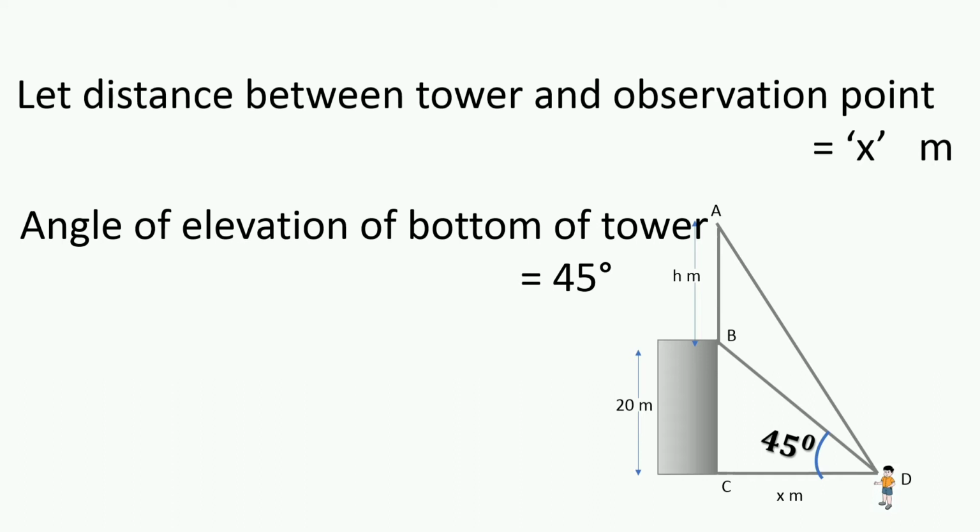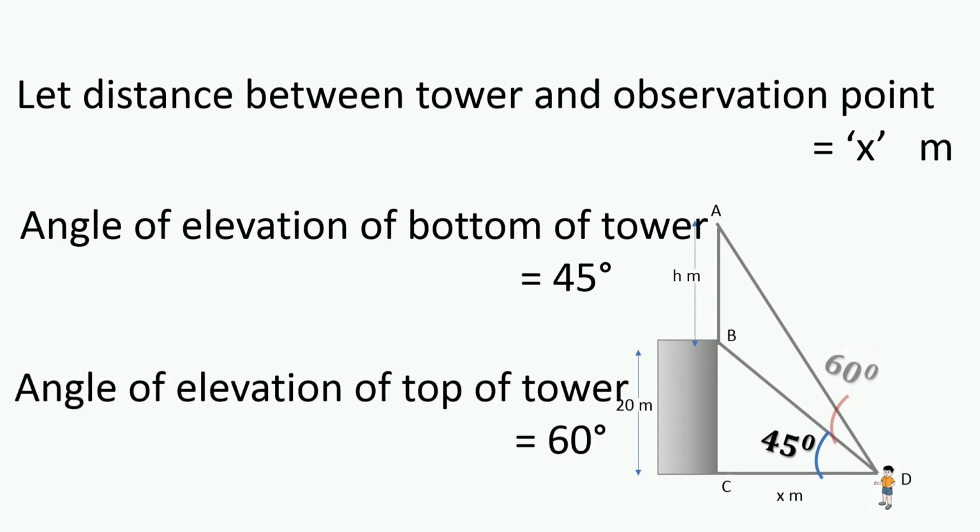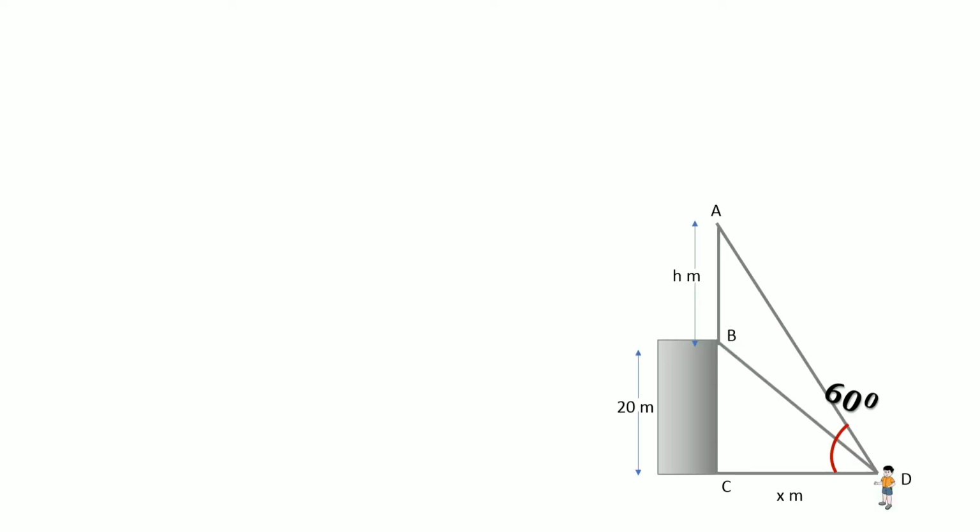When he looks up to the top of the transmission tower, the angle of elevation is 60 degrees. What has been given? What can we deduce from this figure? Height of the building has been given. Angles of elevation of both points are given here, to the top and bottom, 60 and 45 degrees respectively.